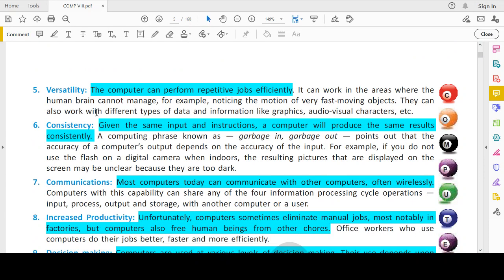Next is versatility. Computer can perform repetitive jobs efficiently. Like I have told you, it can calculate averages, big summations and big calculations, whatever it be. It can be some divisions, multiplication, averages or anything.